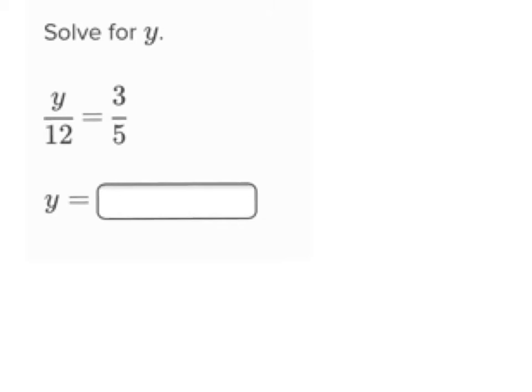So let's solve this proportion. So how do I know it's a proportion? Because I have a fraction on the left of the equal sign, a fraction on the right of the equal sign, and an equal in the middle. And when we have a fraction on the left and a fraction on the right and an equal in the middle, the way we solve it is to cross multiply. So I'm going to do y times 5, which is 5y.